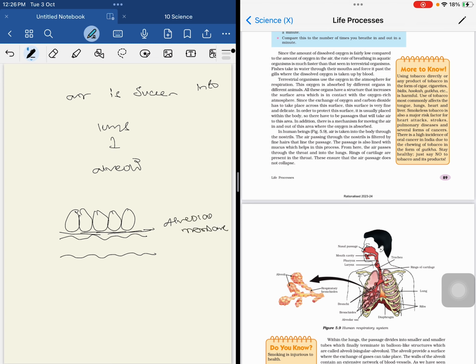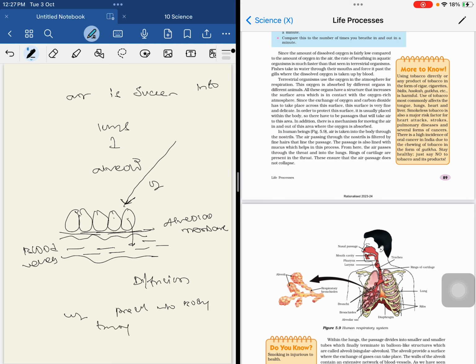So from the air we took in, oxygen comes to the alveoli. From the alveoli, through the process called diffusion, the oxygen is diffused through the alveoli into the blood vessels. In the same way, the carbon dioxide already present in the body is released.